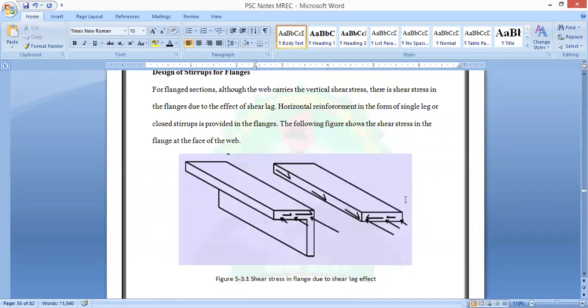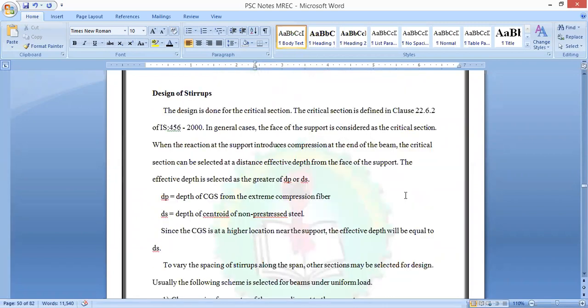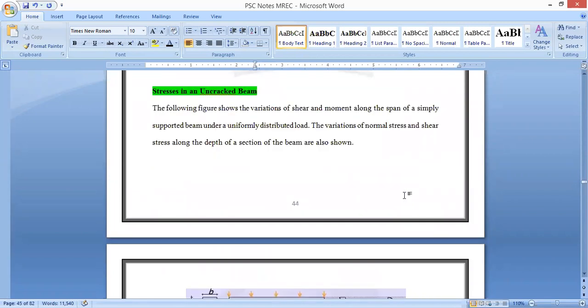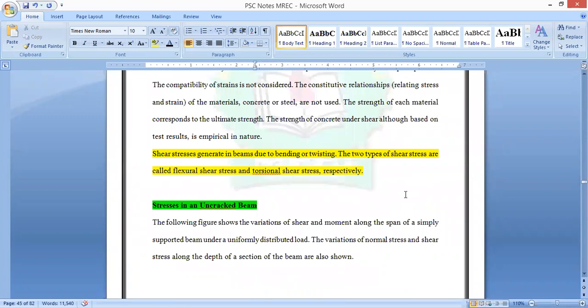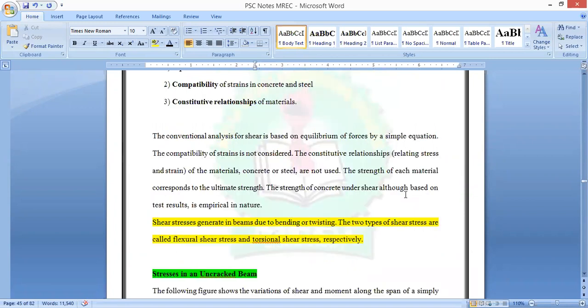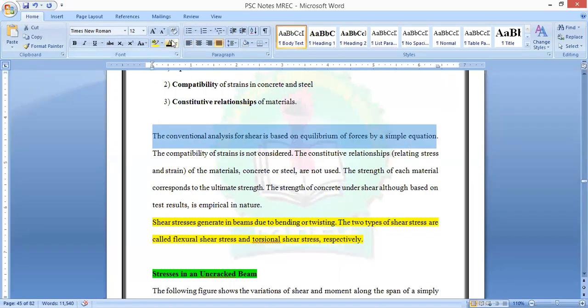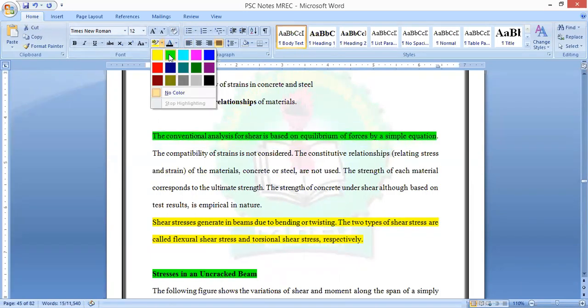So the topics which we discussed today are: one, the principles and mechanisms to design and analyze axial and flexural forces, out of which for analyzing shear stresses we are going to use only a conventional analysis for shear, which is based on the equilibrium conditions. We discussed that, right?